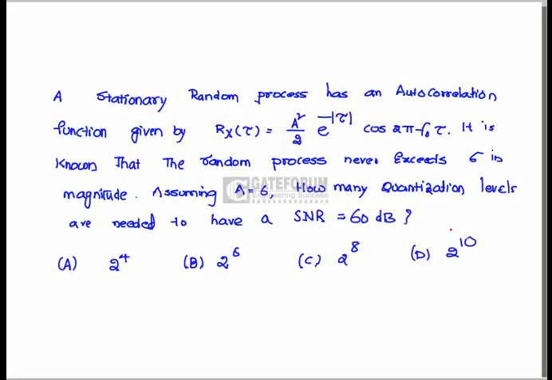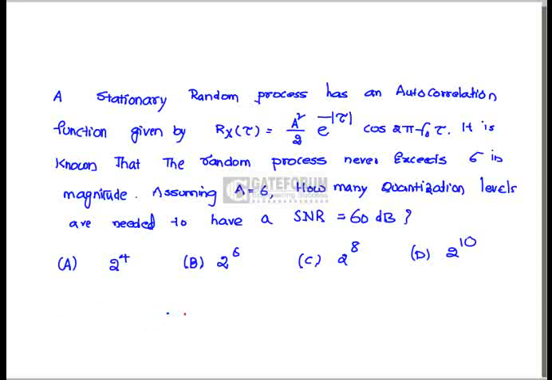Here we have to find out the number of quantization levels from the given data. In order to find the number of quantization levels, we need to find out the signal to noise ratio in terms of the given parameters and equate it to 60 dB.